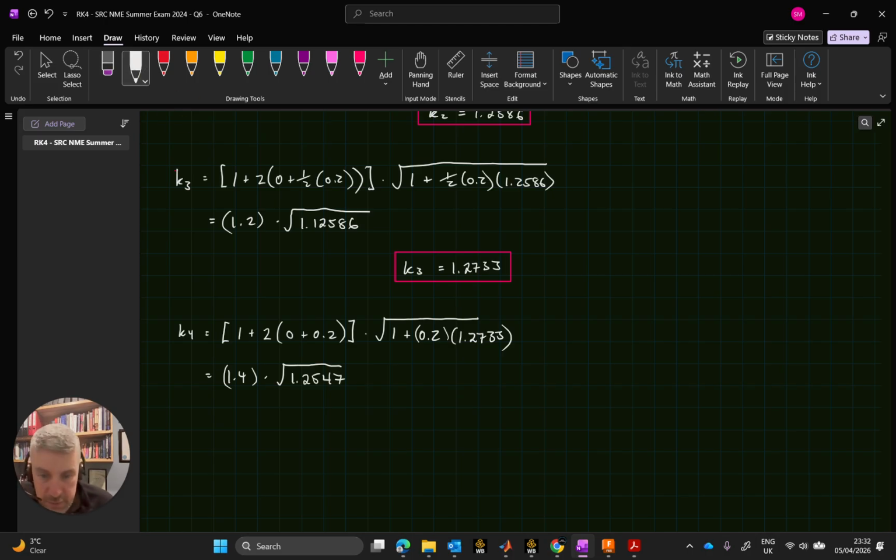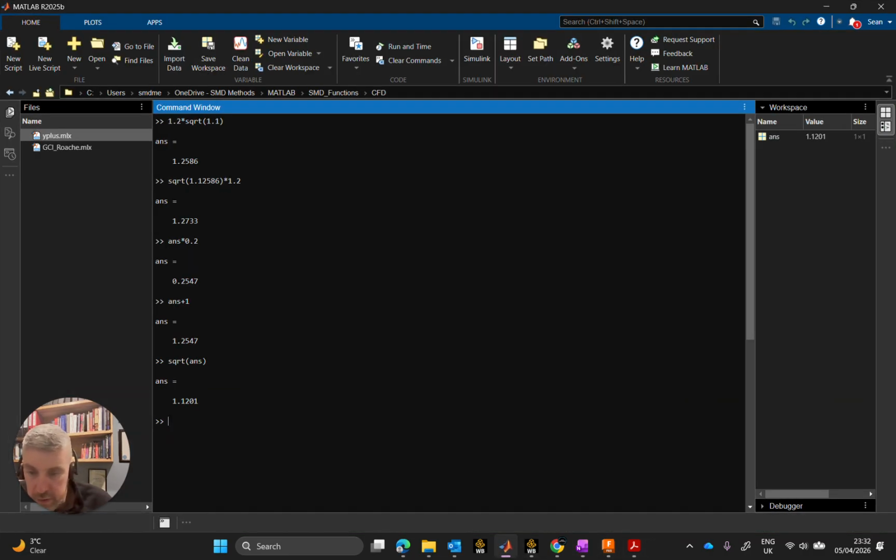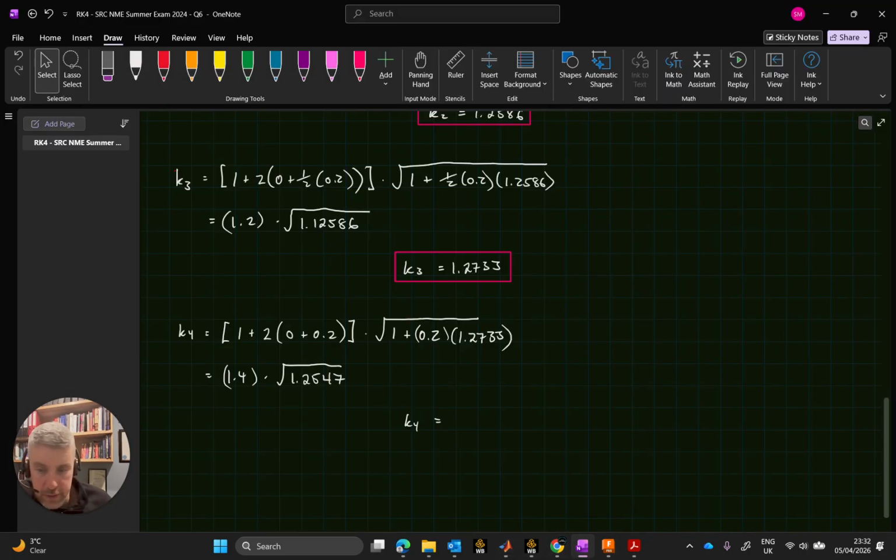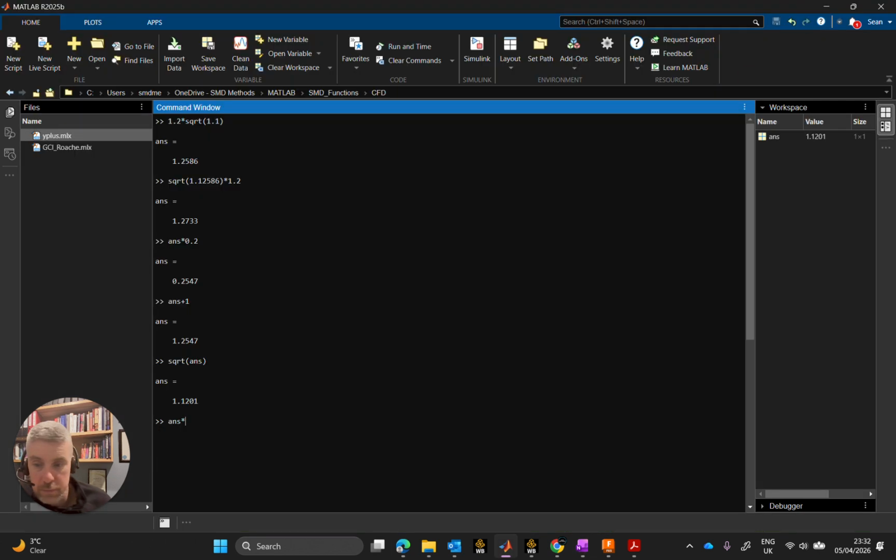Just to keep it the same, K4 is equal to, so I did the square root there of 1.2547 to get 1.1201. So then let's do the answer, and I'm going to multiply that there then by 1.4. We get 1.5682.